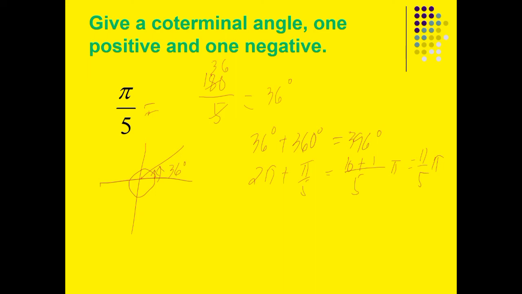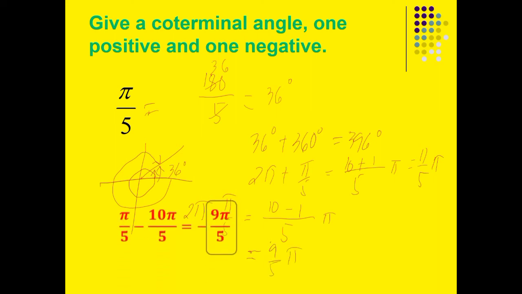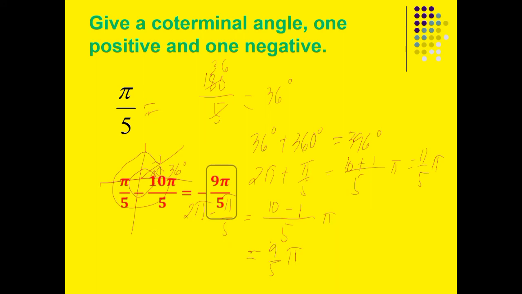And then for the negative valued one, in the clockwise direction, we come up with 2 pi minus pi over 5. So we have 10 minus 1 pi, and we have 9 pi over 5.